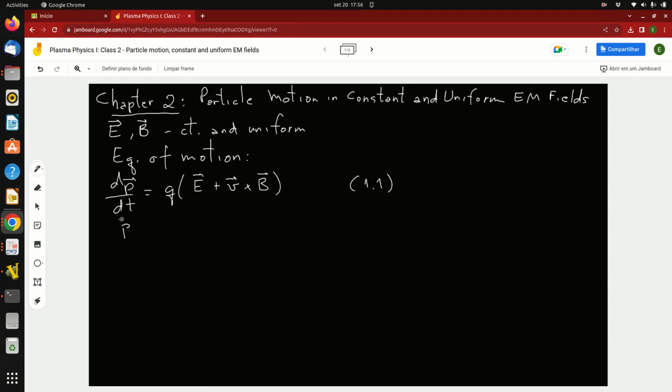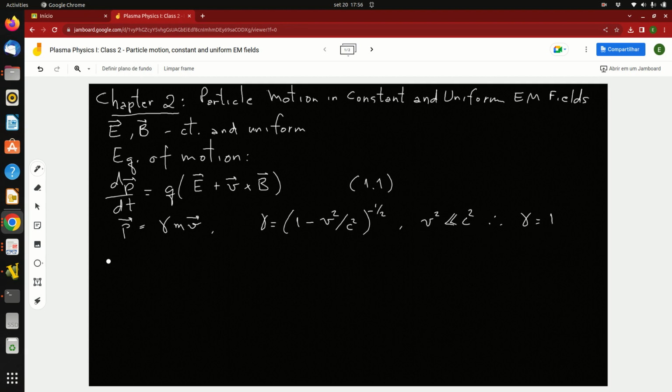Here P is the momentum, which is the Lorentz factor times the mass times velocity. The Lorentz factor is (1 minus v squared over c squared) to the minus 1/2, where c is the speed of light. But we'll consider that the velocities are much smaller than the speed of light, so we'll use gamma equal to 1.